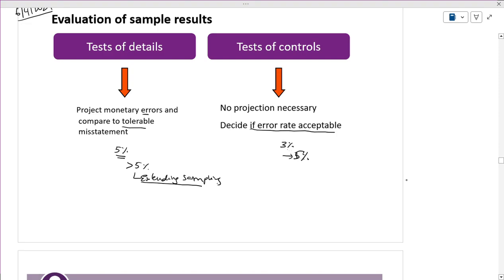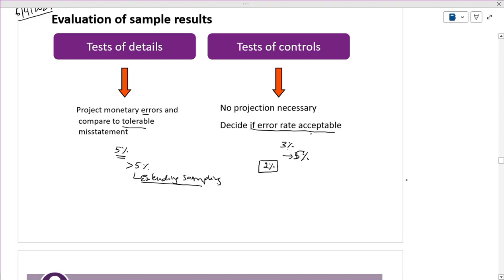If the projection is 3%, but the error rate is less than the projection, say only 2%, fine. No projection is necessary to the extent that the error rate is acceptable.